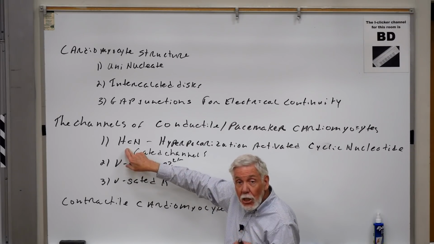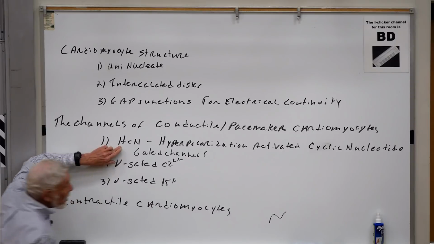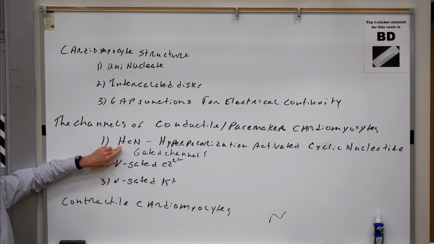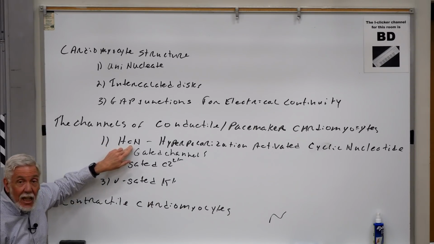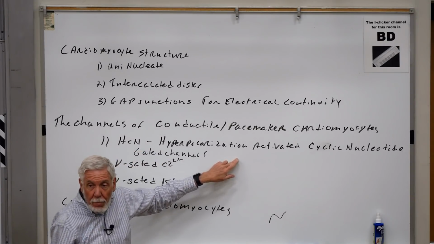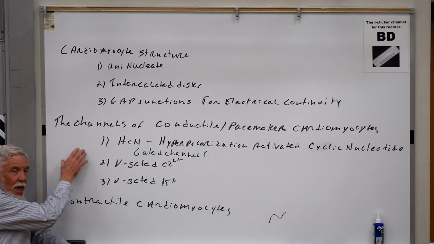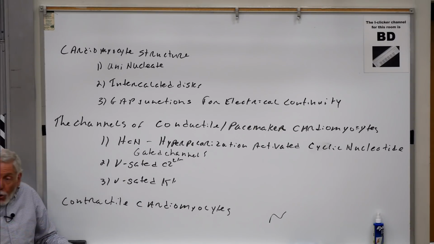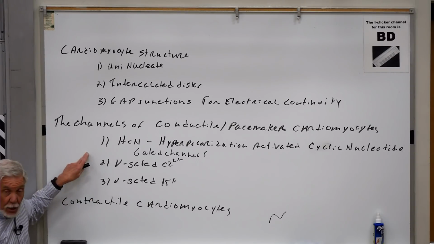The HCN channel: H stands for hyperpolarization activated, CN is cyclic nucleotide gated channel. They're really unusual. We have not seen any channels up to now that are activated by a hyperpolarization. All the voltage-gated channels we've talked about so far are activated by a depolarization. This is weird.